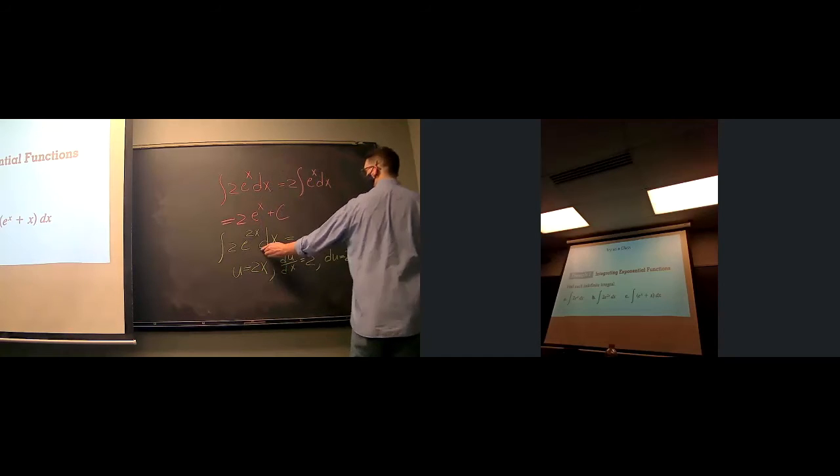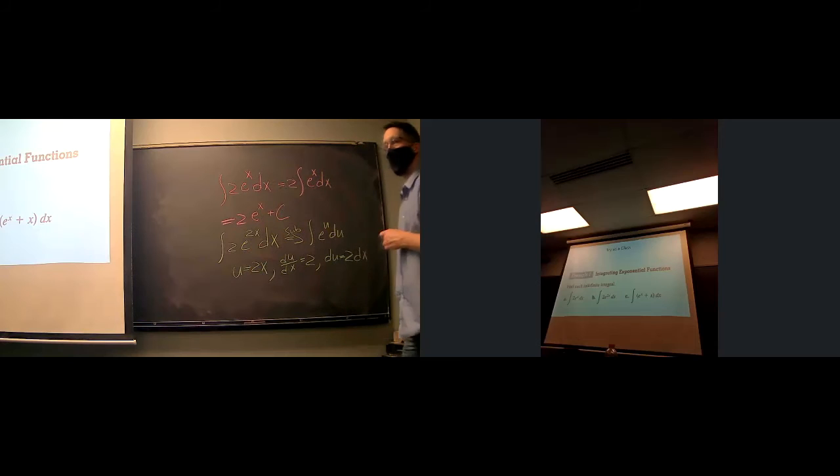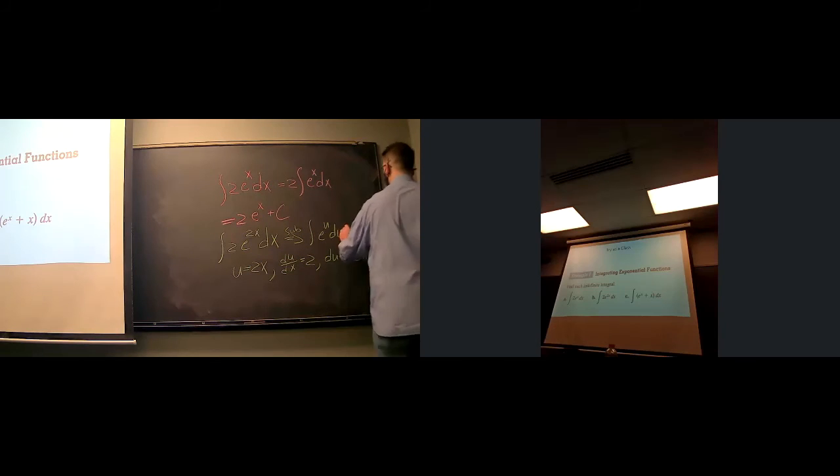So du is going to come out to be 2 dx. By substitution, this thing comes out to be e to the u du, which is just equal to e to the u plus c.